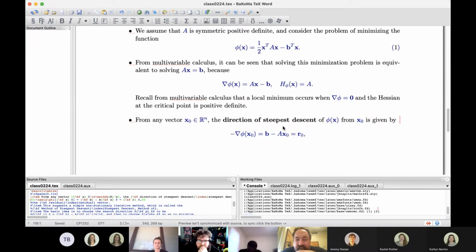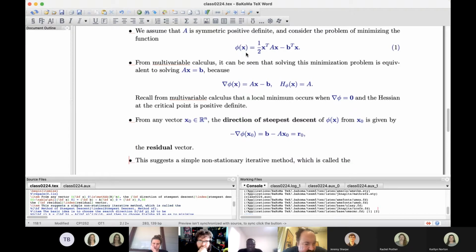That would be the vector b minus A x0, and this is called the residual vector. We've seen that before from least squares: if you have any vector x, b minus Ax is the residual of the system Ax equals b.